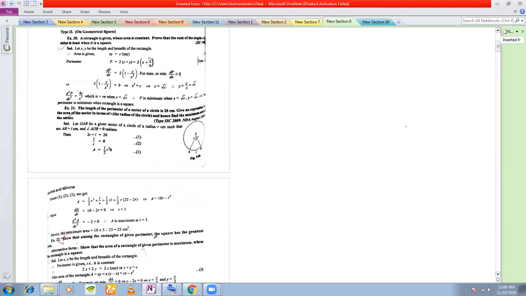The problem number 21. The length of the perimeter of the sector of a circle is 20 centimeter. Okay, the length of the perimeter of the sector of a circle. Let us consider a circle here and say this is the sector of a circle and the perimeter of the sector is given to be 20 centimeter.